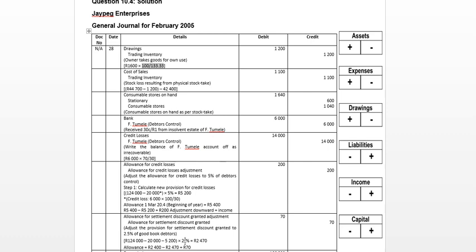So what did the owner do? He made drawings. Drawings increase on the debit side, so we will debit drawings 1,200 Rand, and we credit our trading inventory, being our asset. Our asset is decreasing because the owner took the inventory for personal use, so we don't have that inventory anymore to sell. So we credit our trading inventory 1,200 Rand.